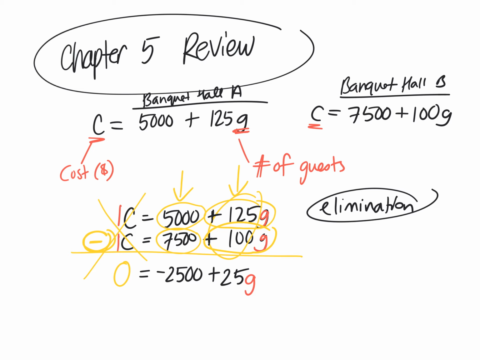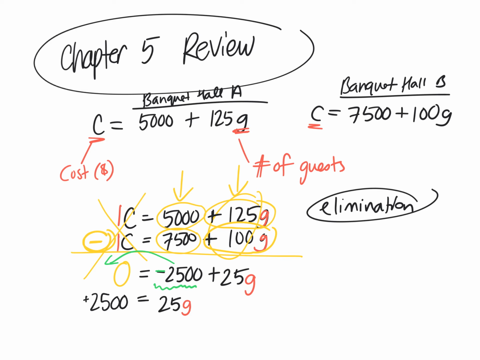Now this is just simple solving equations. How would I solve for G? I want to have G on one side and everything else on the other side. So we want to get rid of this negative 2,500 to get it away from the G, right? What's the opposite of negative 2,500? Positive. So if I get rid of it, it becomes positive 2,500 is equal to 25G.